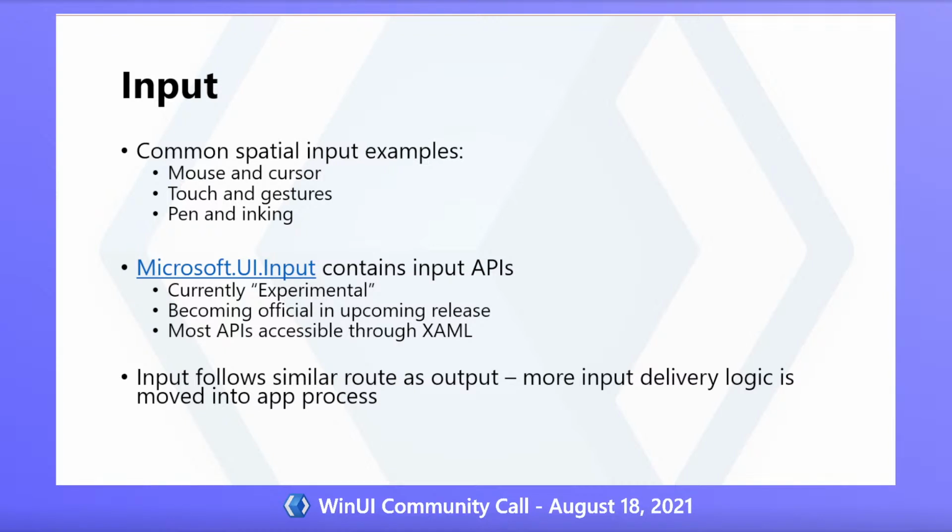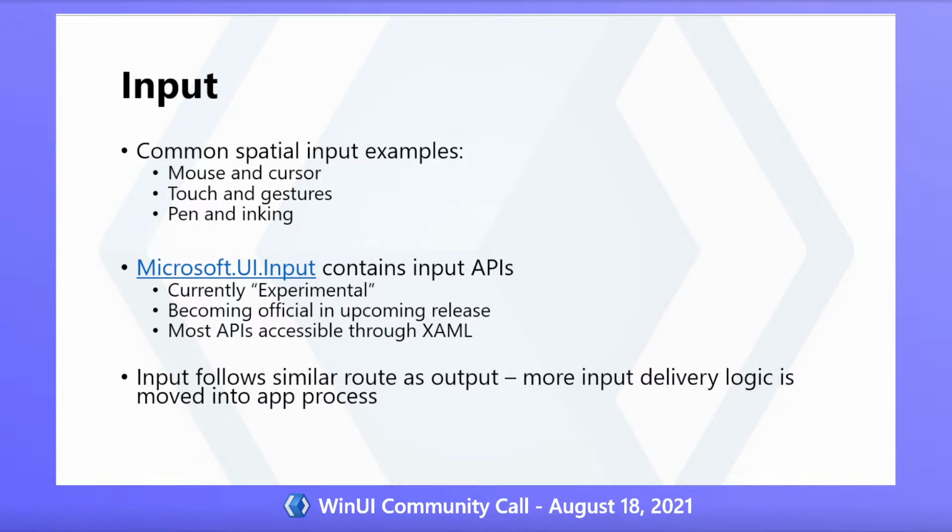Another common input type is pen, and same as touch, we deliver the raw input and pointer input to the application. At the same time, we also have special features for pen. For example, inking scenarios require really high accuracy. At the same time, we also need to provide really good low latency.